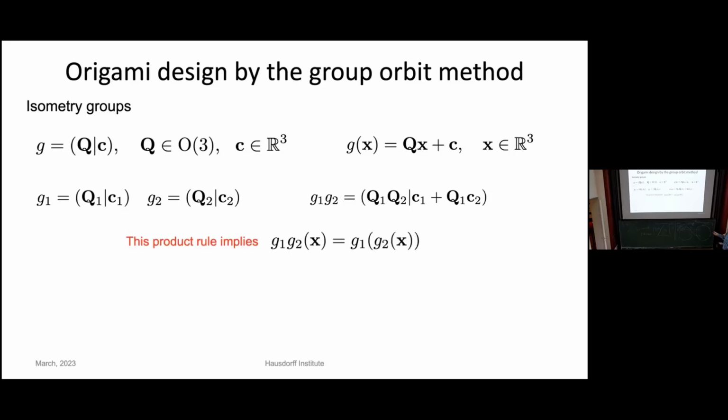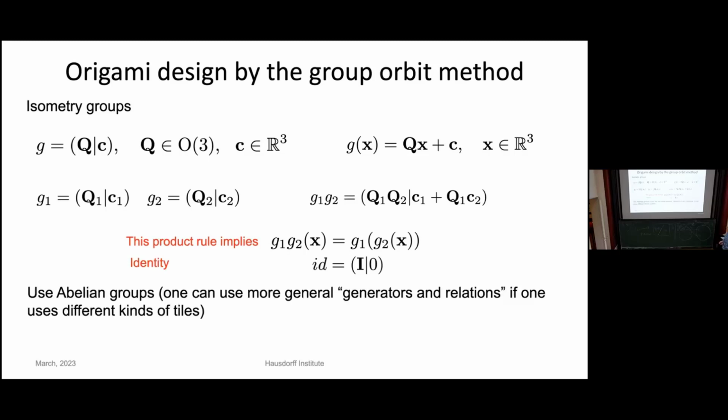It comes from the product of two isometries acting on X, using the statement G1 of G2 of X. The group product in isometries corresponds to composition of mappings, and the identity is identity, 0, and so forth.